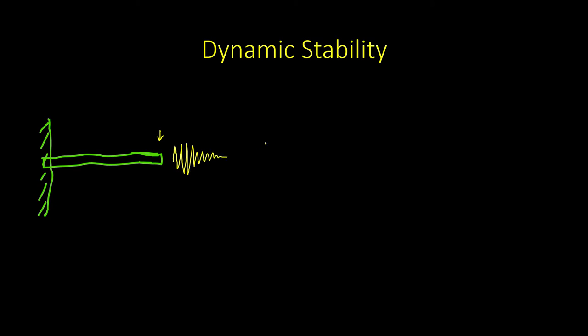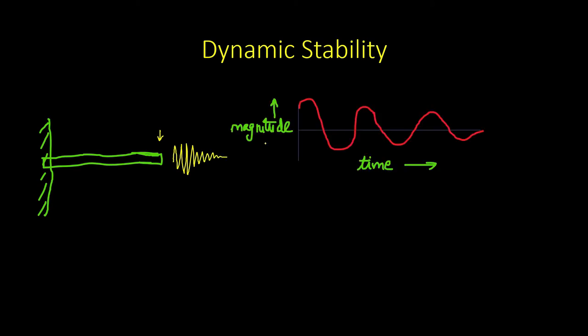Now let us understand what is dynamic stability. Let us consider a cantilever beam which is fixed in a wall. Now if I apply some force here and then release, it will start moving like this. It will make a curve something like this.